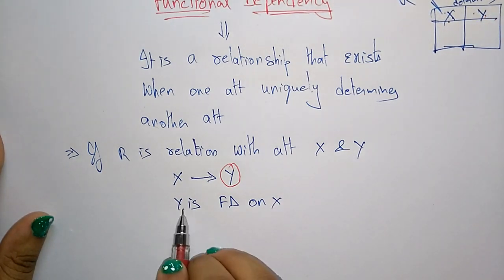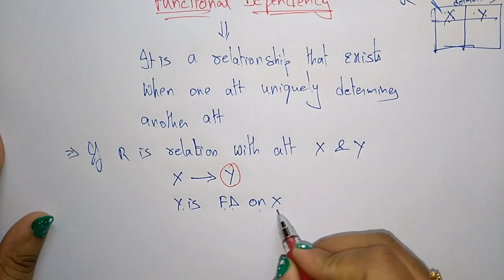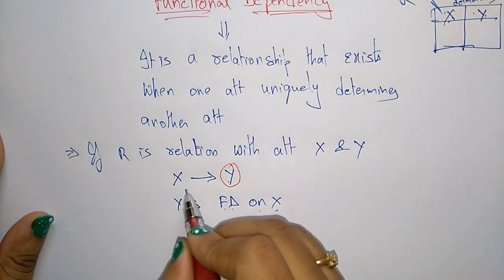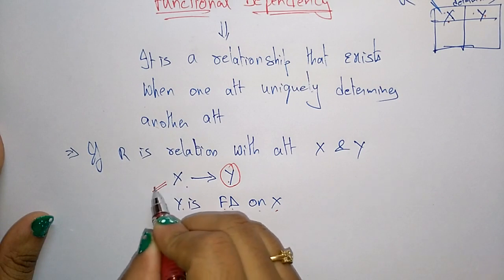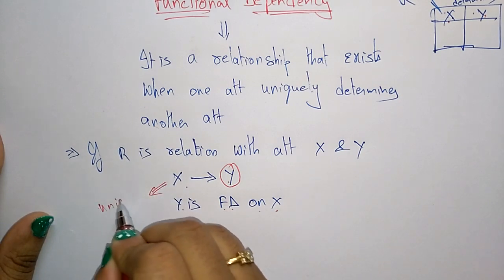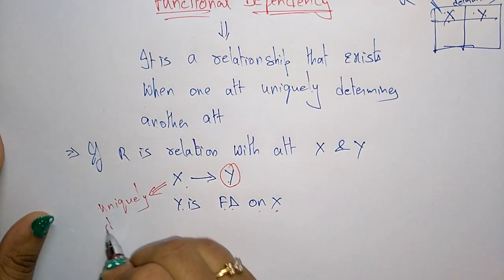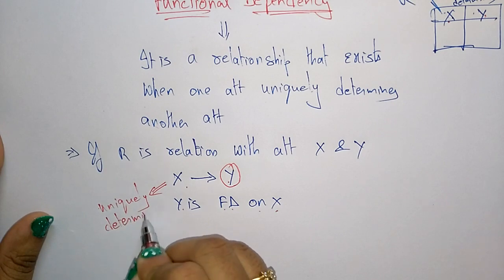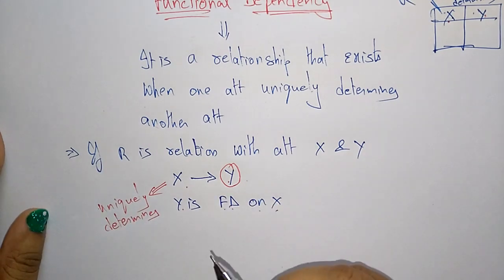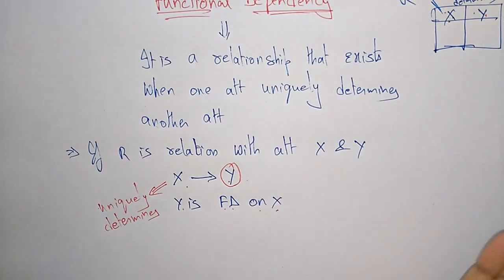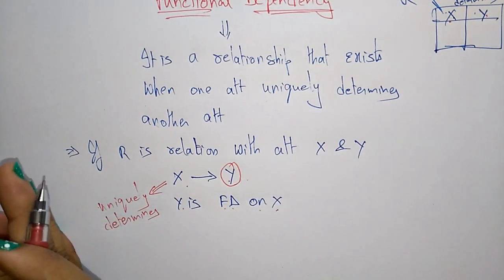Why is Y dependent on X? Because X always uniquely determines the Y value. So this is a functional dependency: one attribute depends upon another attribute.